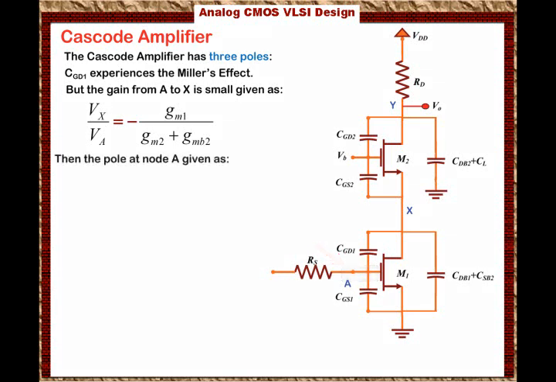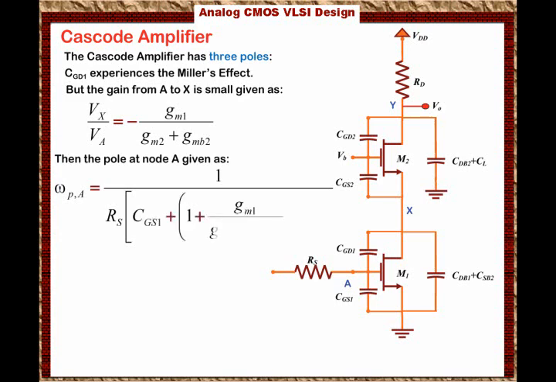So the pole at node A is located at omega PA, which will equal 1 over Rs times the equivalent capacitance, which is CGS1 plus 1 plus Gm1 over Gm2 plus Gmb2, that is the gain of the amplifier, times the Miller capacitance, which is CGD1. So that is the pole located at node A.